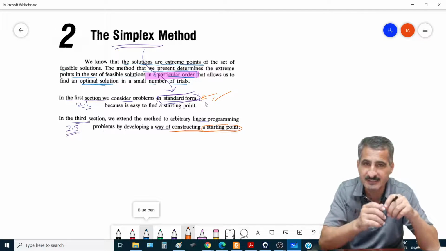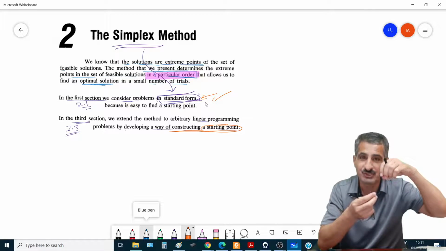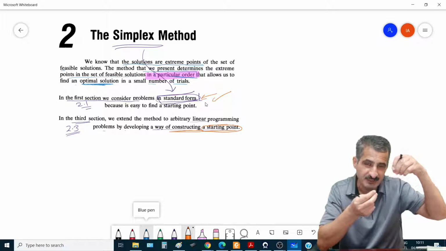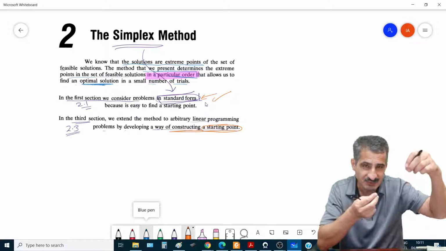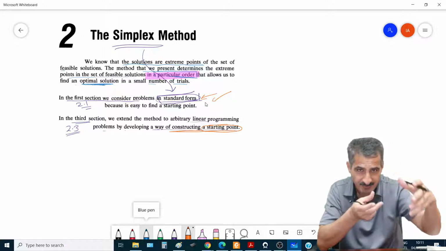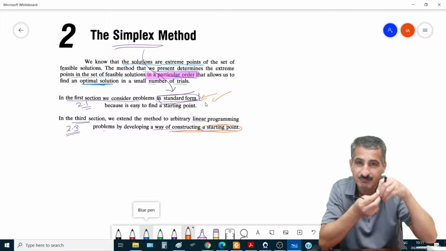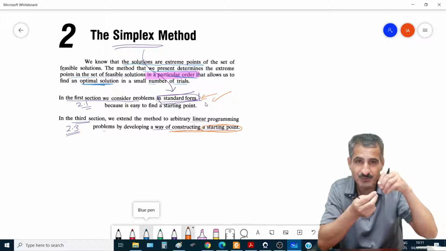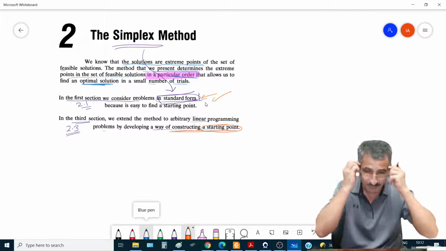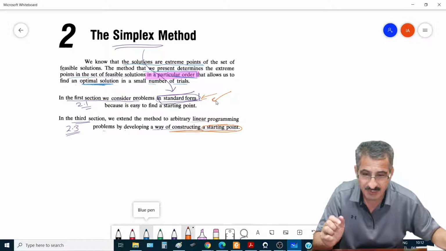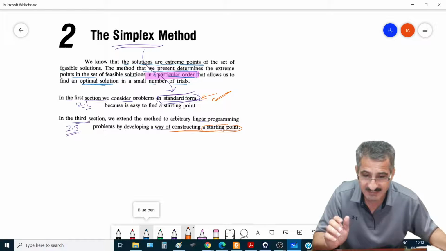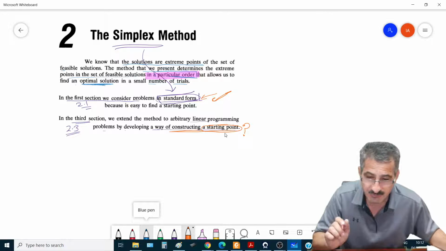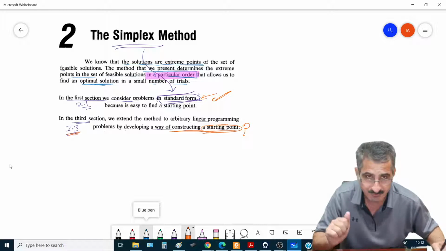I just said that the simplex method will start at some extreme point and then it moves to an adjacent one, giving a higher value for the objective, and from there moves to the next adjacent extreme point, and so on, right? But we started at some extreme point at the beginning. So if the problem is in standard form, then we can find the starting extreme point. But if it is not, then we don't know how to find the starting point, and we will learn that in section 2.3.